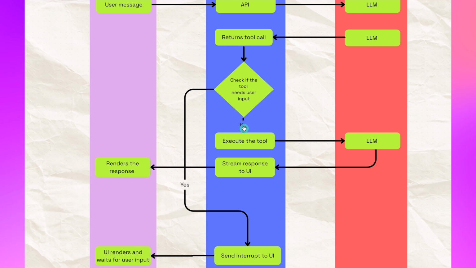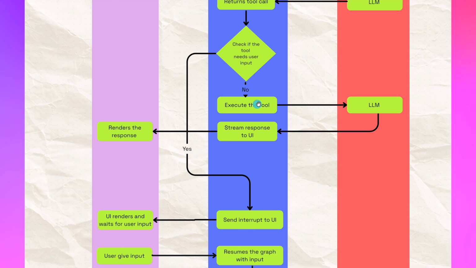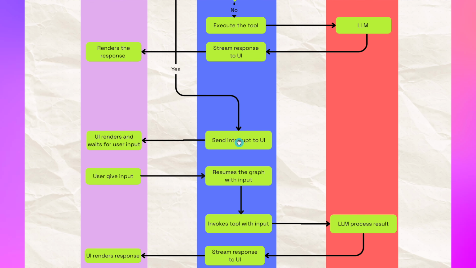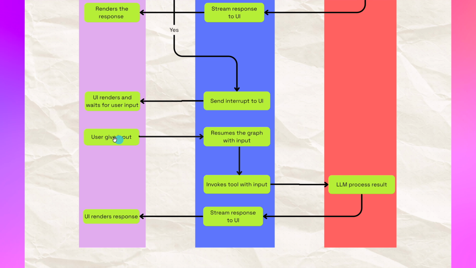If a tool call does not require user input, the tool is executed immediately. The result is sent back to the LLM. The LLM formats the response and the response is streamed back to the UI. But if the tool requires user input, this is where things get interesting. The system interrupts the graph execution and sends the interrupt data back to the UI. The UI renders a custom component and waits for the user input.